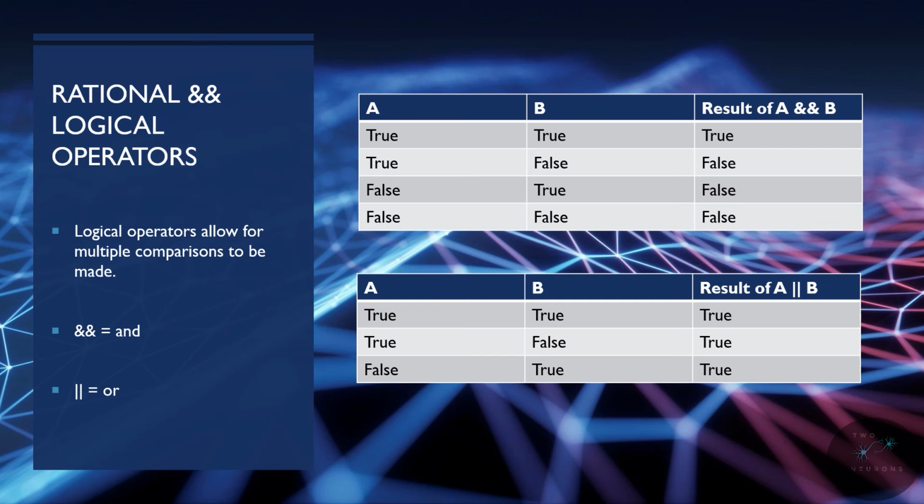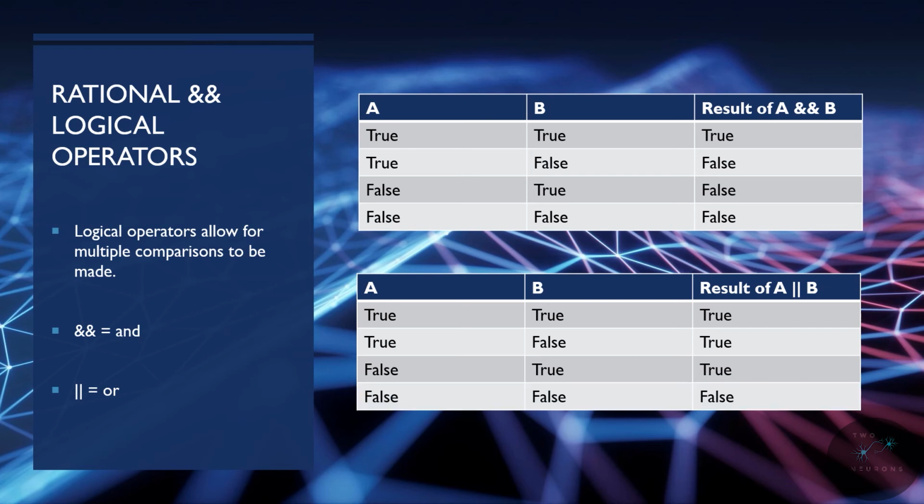The result of A or B when A is false and B is true is also true. And the only case where the result of A or B will be false is if both are false. So with A and B, both values have to be true to get a true result. In A or B, only one value has to be true for it to be true, but both values have to be false for it to be false.